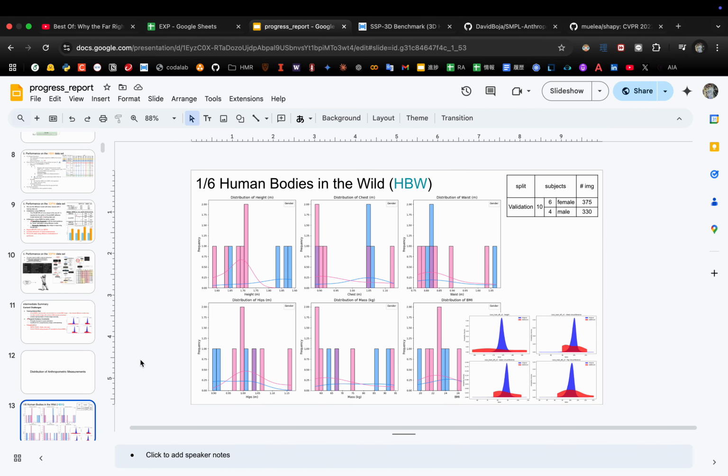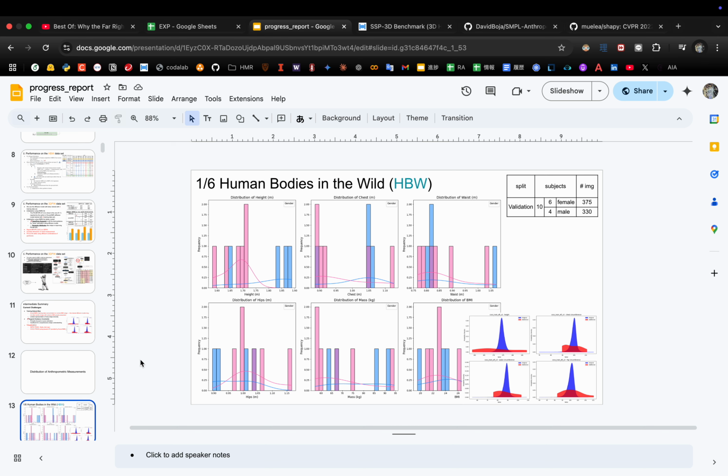So we would like to examine how the pictures, how the people in these two data sets look like. What's their BMI, what's their body shape.